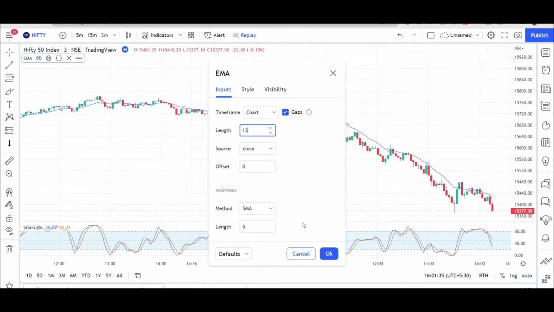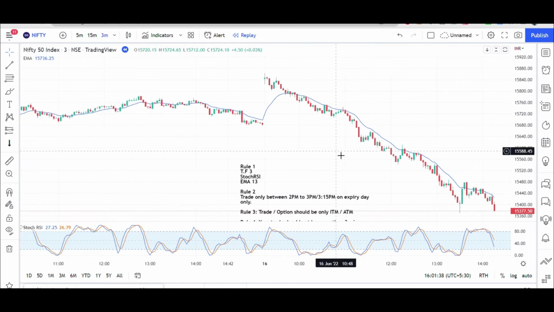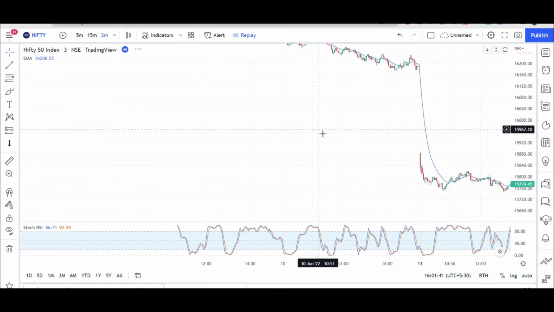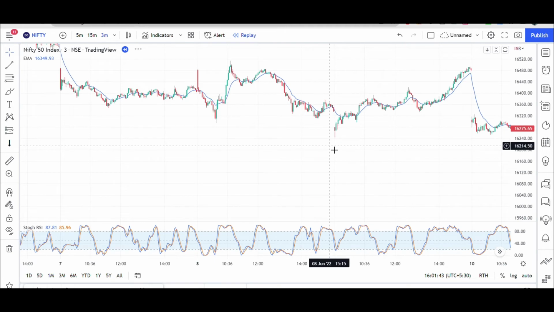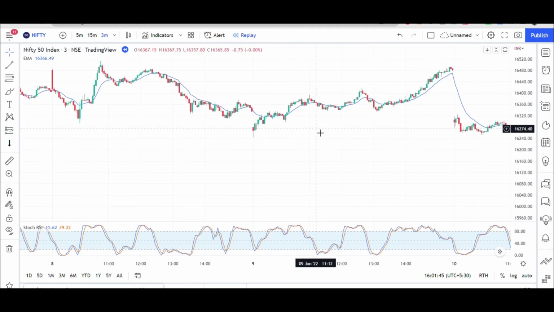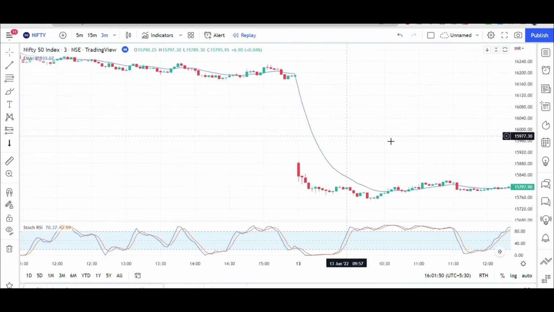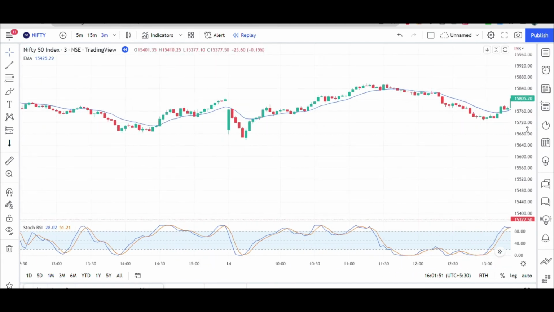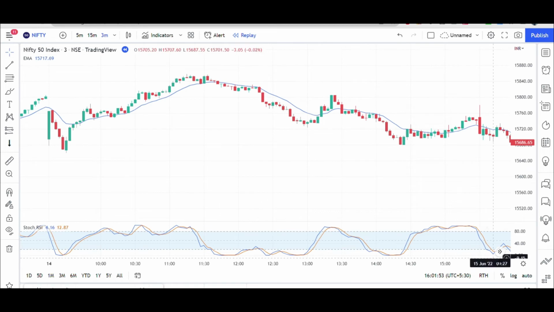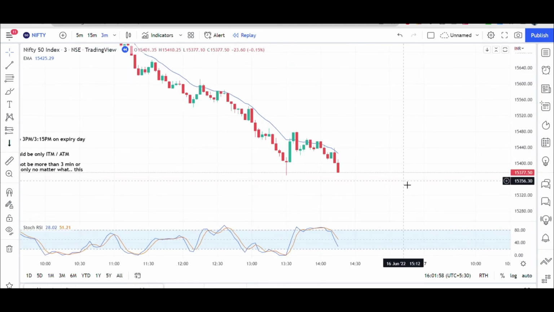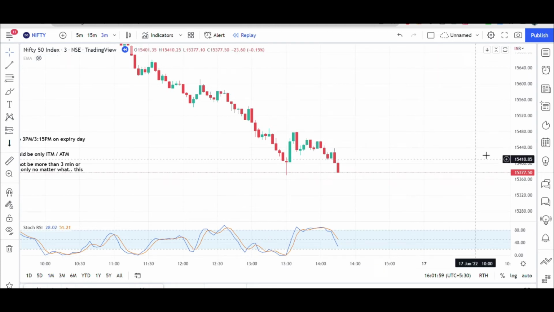There is no proper reason, but from what I have seen in back testing and previous charts, so far in my experience, 13 is working better than any other exponential moving average. This is just practical experience, and because of that I have chosen 13. Earlier, I was just trading without any moving average, but it was not giving me more advantage.